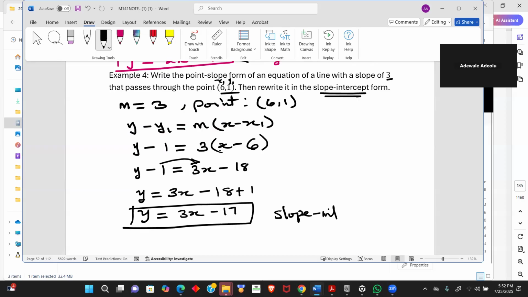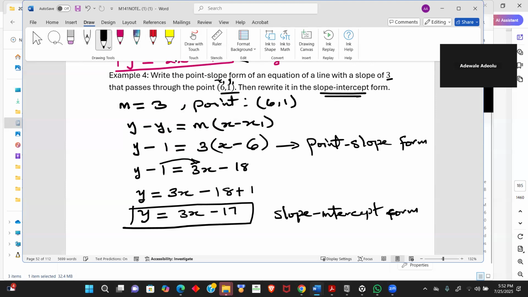Slope intercept form. This is in slope intercept form, and this is in point slope form.